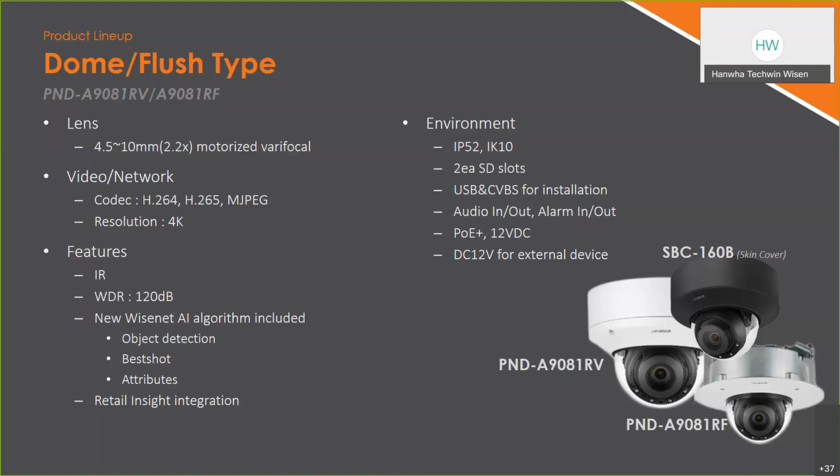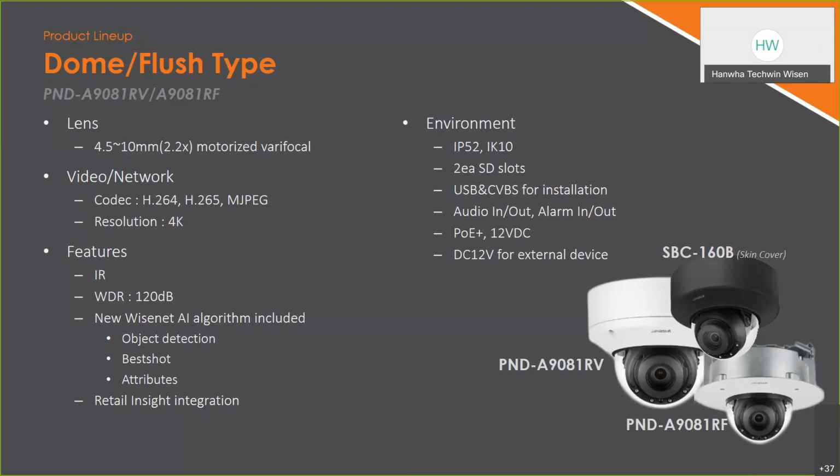That means you can detect specific objects, which are human, vehicle, face and the license plate number of the vehicle, and you can get attributes, which are gender, age and some other attributes from the best shot. This camera will also have business intelligence, which is people counting, queue management and heat map. So it will be fully integrated with the Retail Insight software, which is our retail solution.